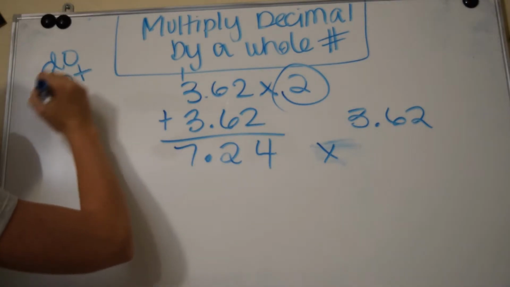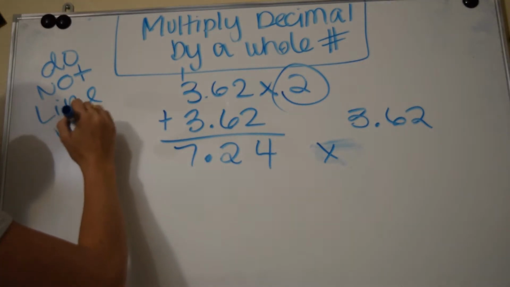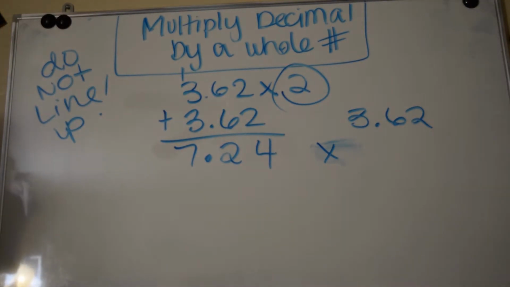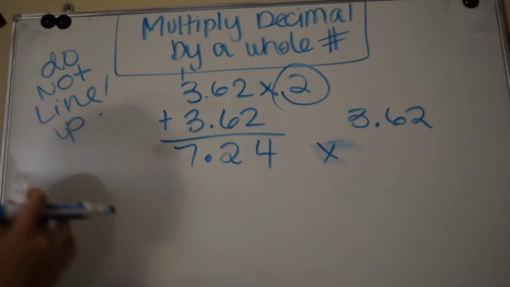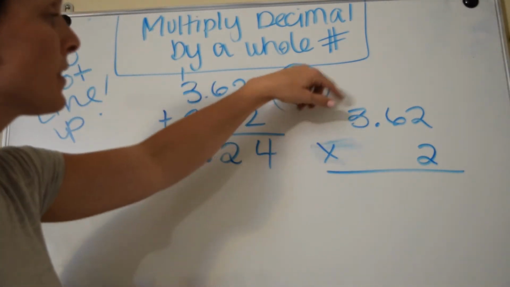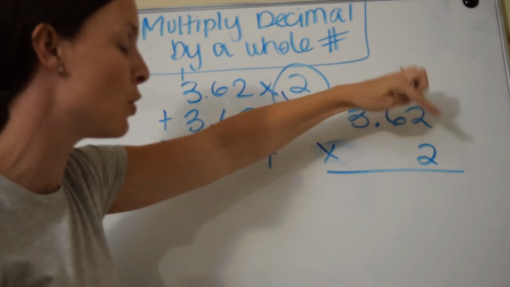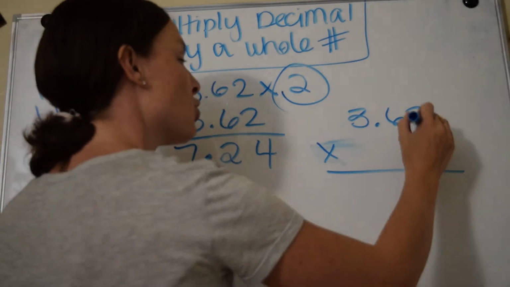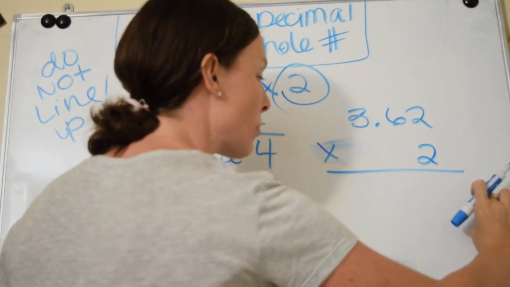Do not line up the decimal. You're probably like, say what? We lined up the decimal when we added and subtracted, but we don't do that when we multiply. You're just going to put the 2 right here, so it's 3 62/100 times 2, because we're going to multiply that 2 out to each number on top.